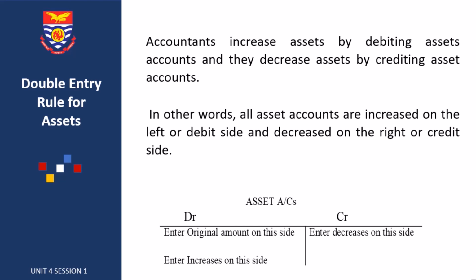So on the left, we enter the original amount and enter increases on the debit side, whilst we enter decreases on the credit side. To debit an asset account means to increase the account, and to credit an asset account means to reduce the account or to record it on the right-hand side.